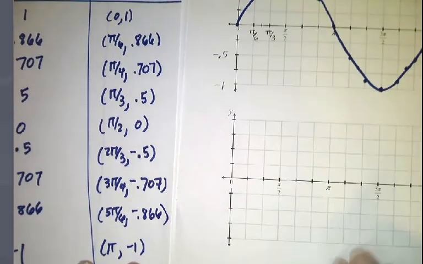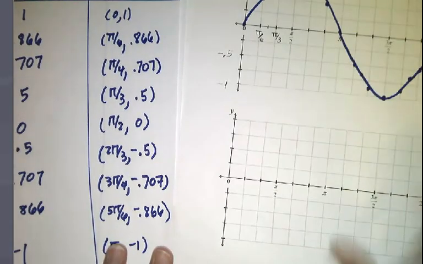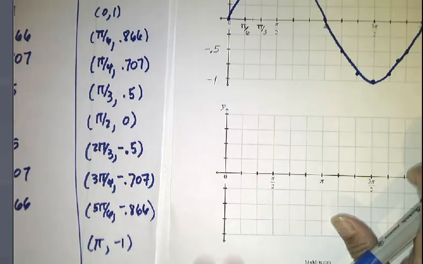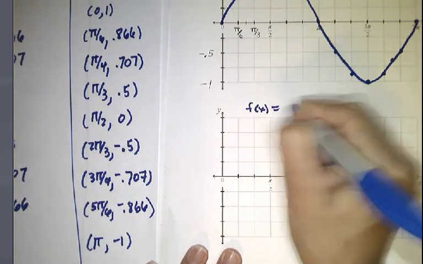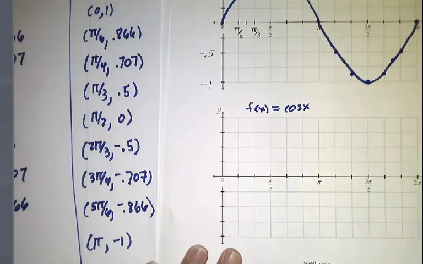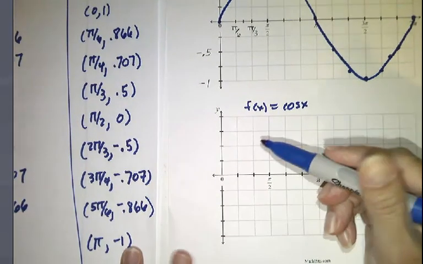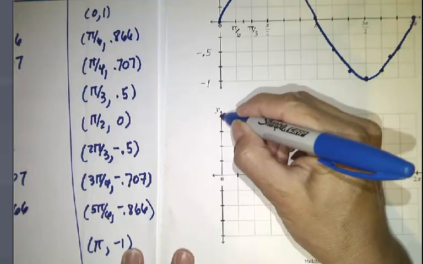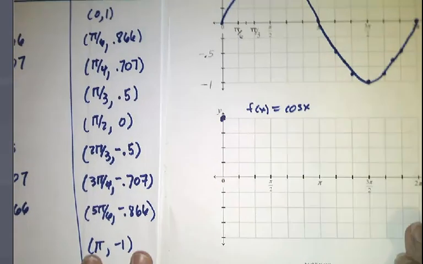This top graph we did already was the sine of x. This bottom one will represent the cosine of x. So let's write that. f of x equals the cosine of x. So let's start plotting some of our points. We see that 0, 1 is on our graph. All right.